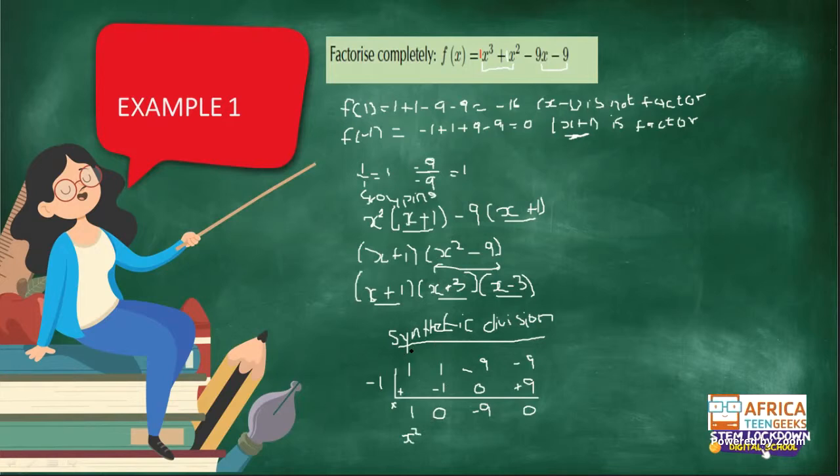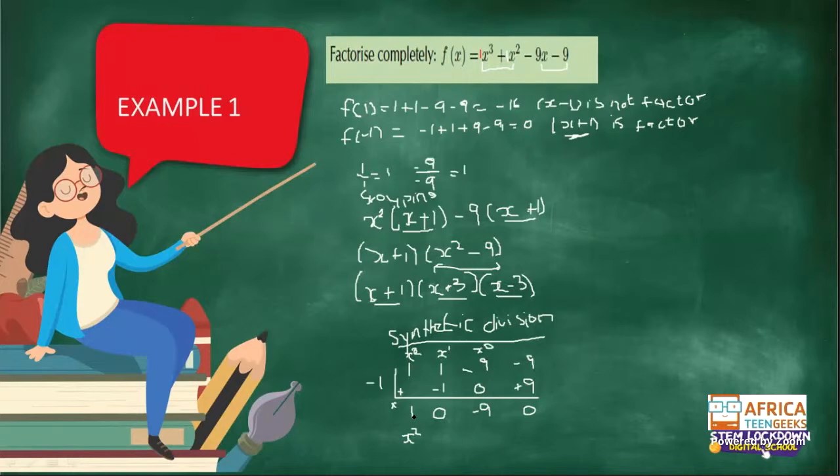This is your x term, and this is your x to the 0, which is your constant, practically 1.